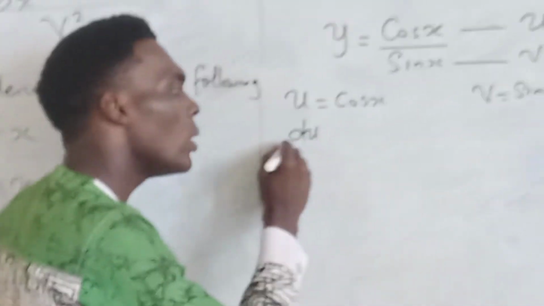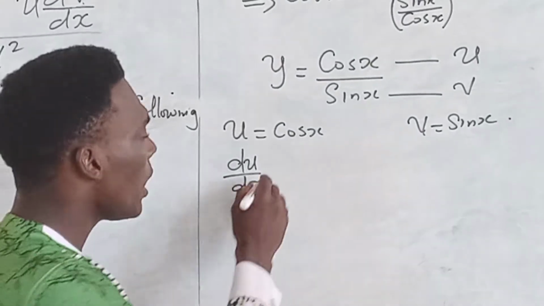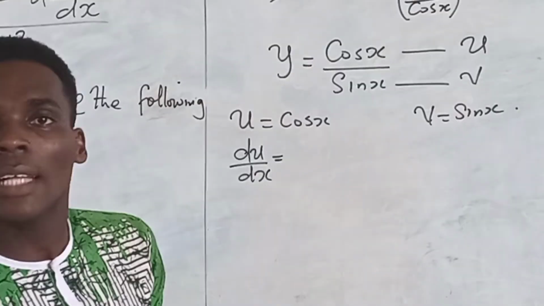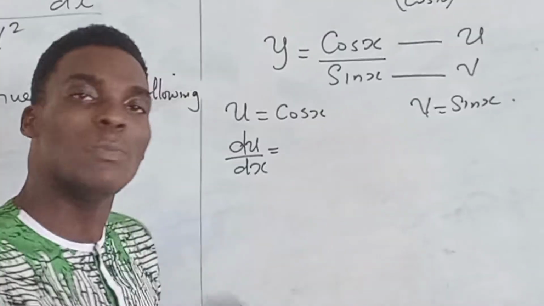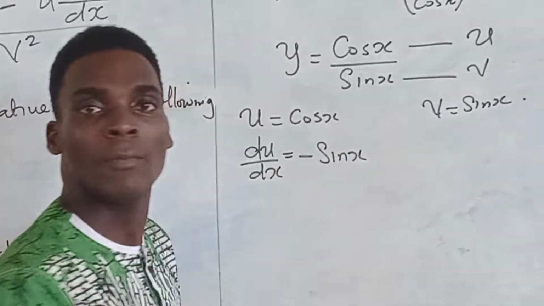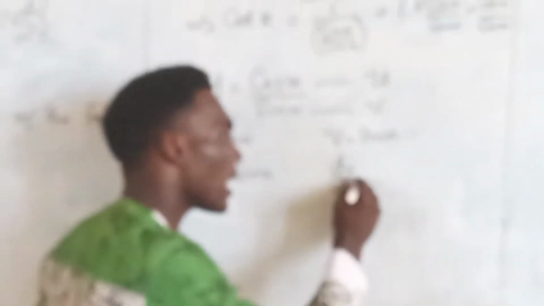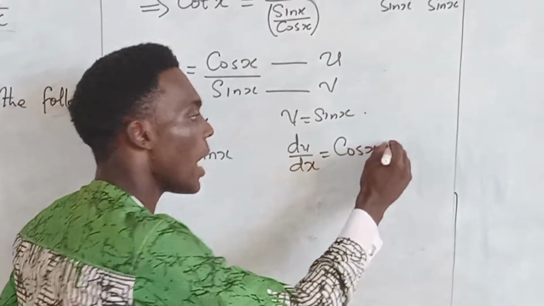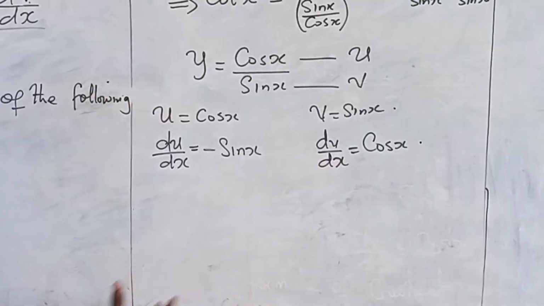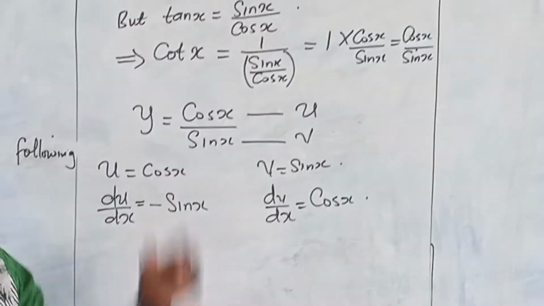Differentiating u with respect to x, from our knowledge of the table of standard derivatives, if cos x is differentiated, we obtain minus sin x. And if we do the same thing for v, dv/dx will give us cos x.